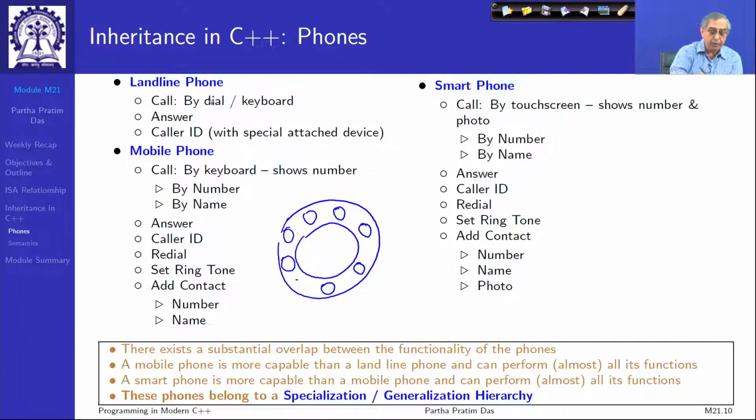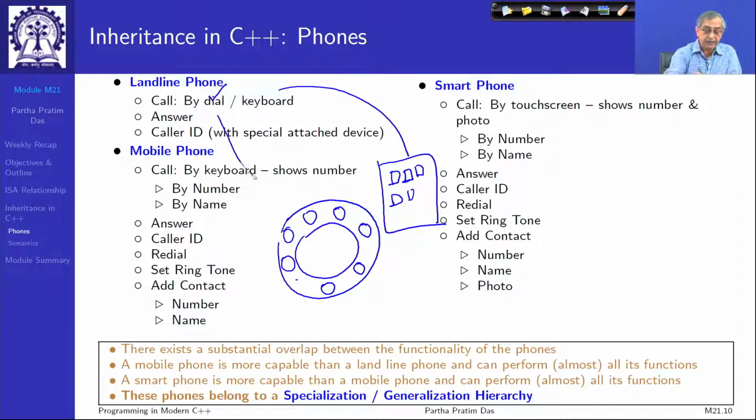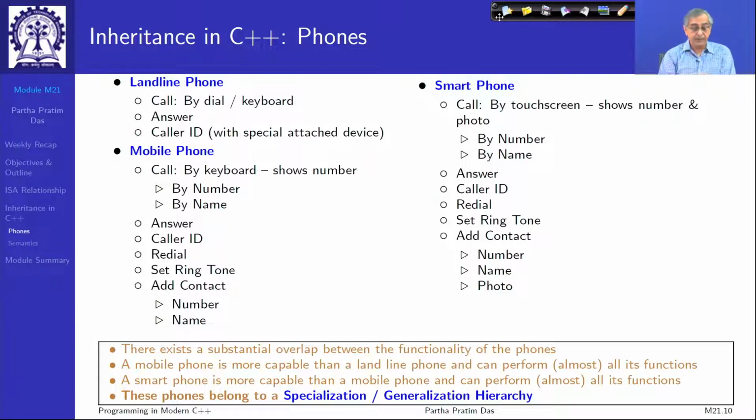So, the call could be by dialing, or the more recent landline phones have a keyboard, with physical keys. So, you can have dials or you can have keyboard, but the functionality that the landline phone offers is that you can make a call, you can answer a call, and optionally you may be able to see the caller ID.